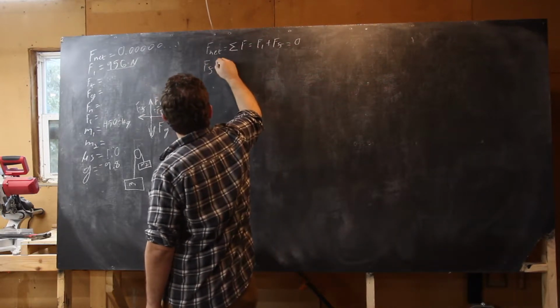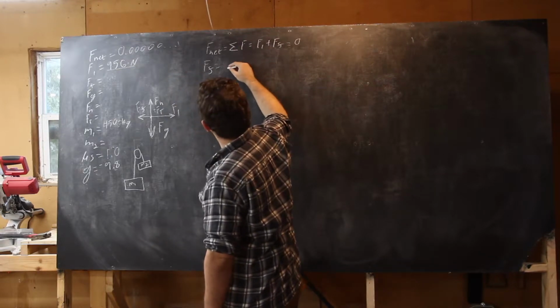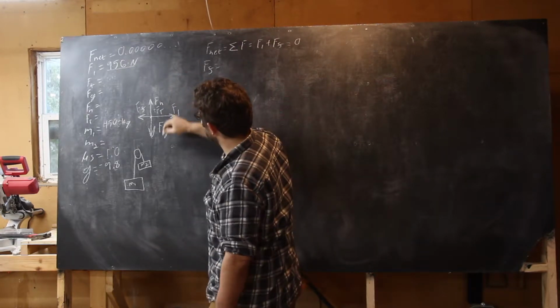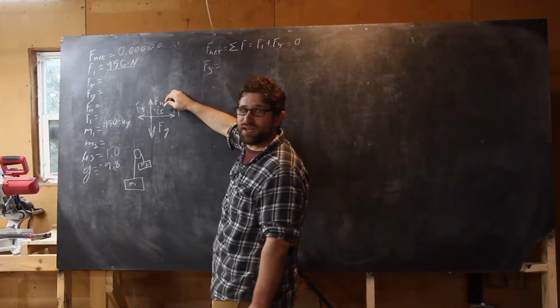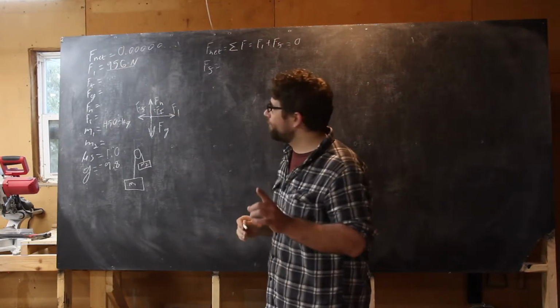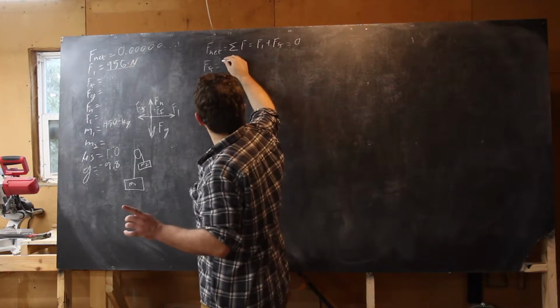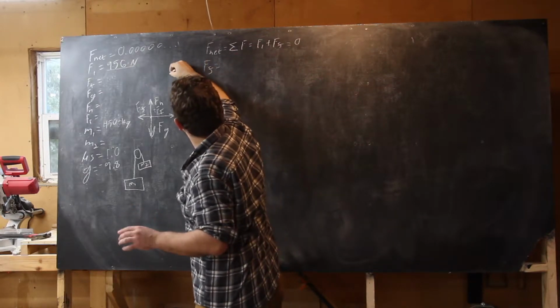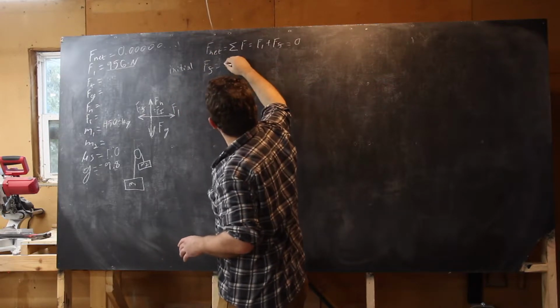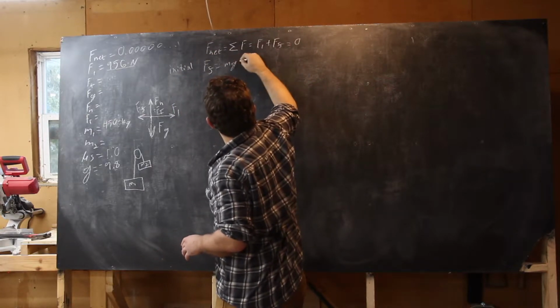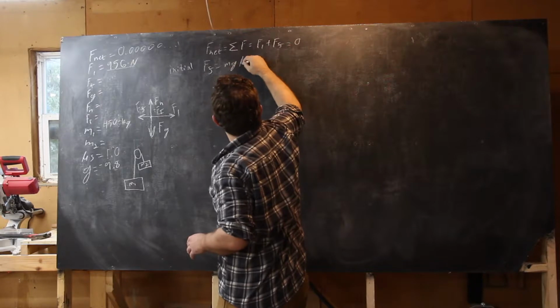So the current force of friction is equal to, remember, I've got no other forces currently working in the Y. I'm going to be adding a force of tension, and that will change things, but for now, I don't. So my initial force of friction is going to be just mg mu s.